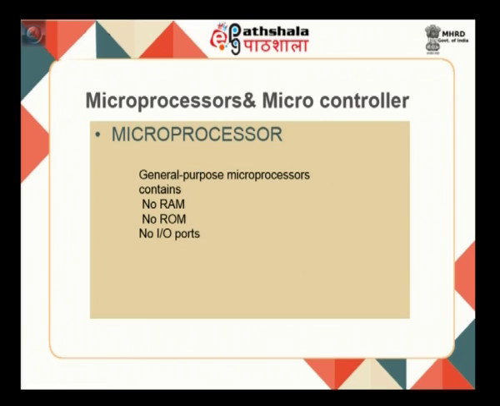So many processors are there, these all come under microprocessor. Otherwise we call it a CPU, which contains only the processor. A microprocessor has only the processor, and it does not have any random access memory, or any read only memory, or any IO ports.